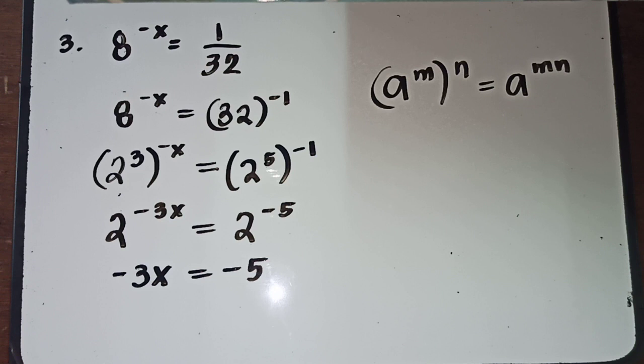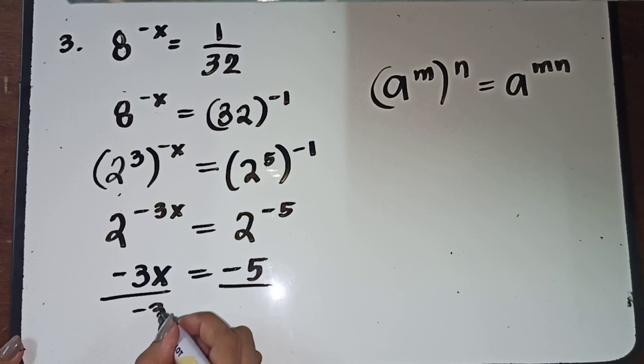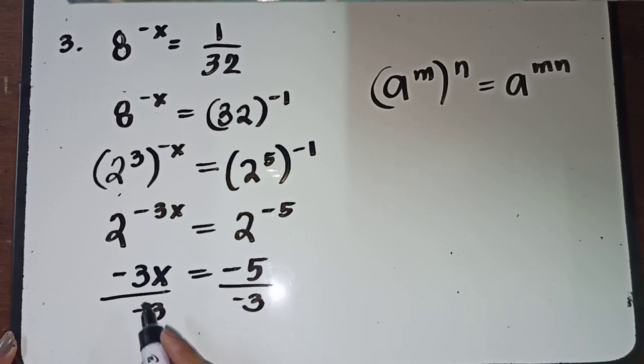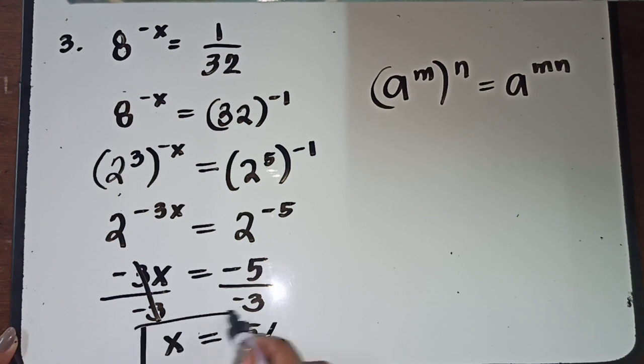X lang ang kailangan, wala nang ibang kasama. So, divide both sides by negative 3, since ang kailangan nating i-eliminate is yung kasama ni x, which is negative 3. Okay, so, cancel. X is equal to 5 over 3. So, this is the value of our x.